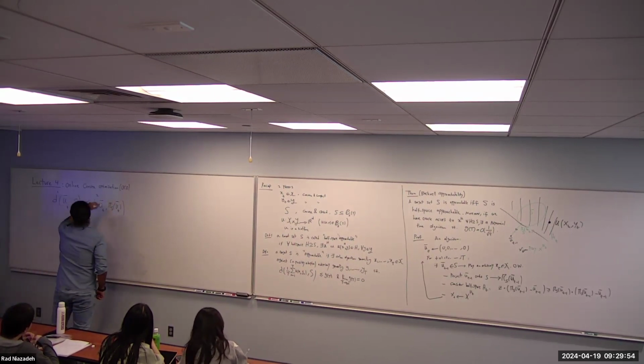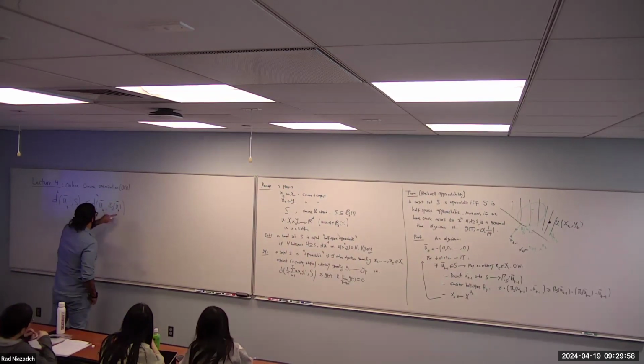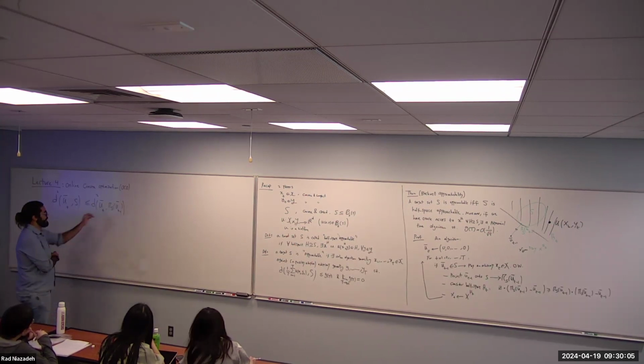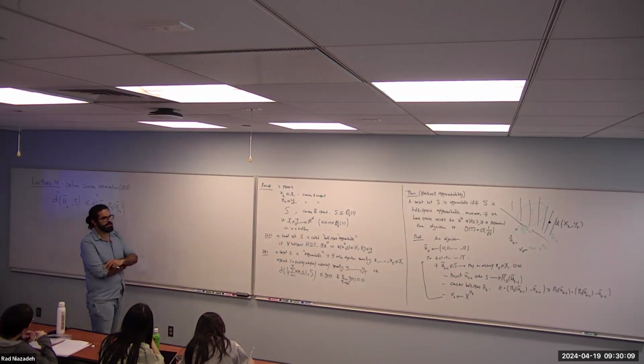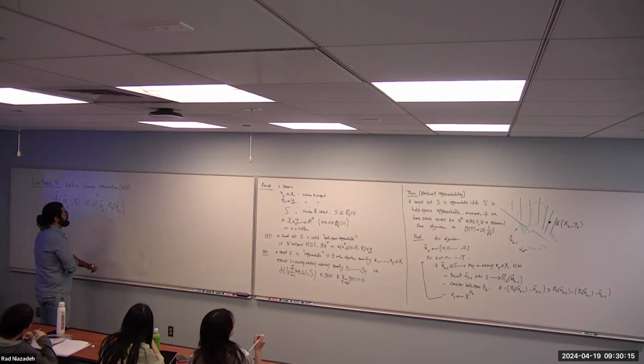Square distance. Sorry, that's the point I want to look at. The projection of the u bar t minus 1 onto S, which is a point in S, right? So any point in S is going to be fair.